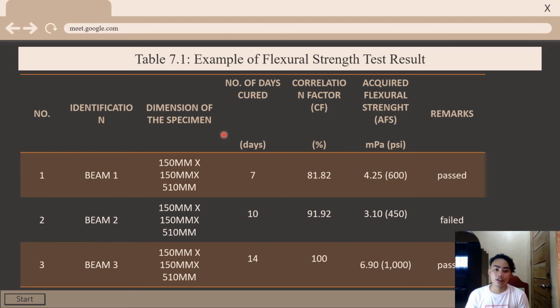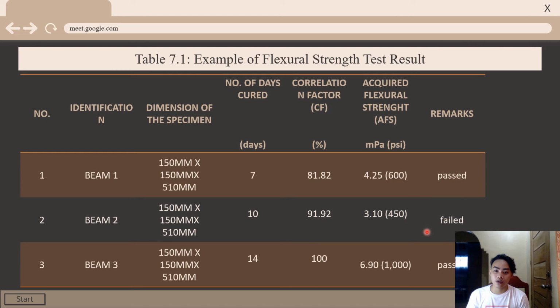Moving on now to Table 7.1, the examples of flexural strength test results. We have here our same three samples with their dimensions, the number of days cured, and correlation factors, as well as their acquired flexural strength.